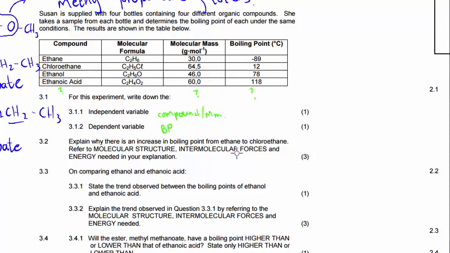Explain why there is an increase in the boiling point from ethane to chloroethane. Refer to molecular structure, intermolecular forces, and energy. The molecular structure of chloroethane is larger than that of ethane. Good. That's good.